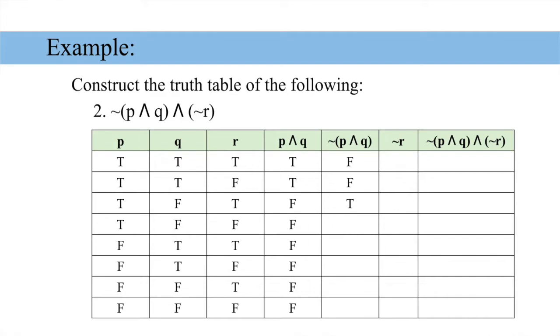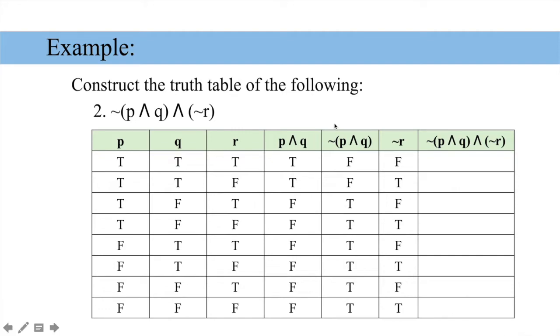Negation of false is true. Negation of false is true, and so forth. Now, let us find the negation of R. Since we have the R column here, we just get the negation. Negation of true is false. Negation of false is true. Negation of true is false, negation of false is true, and so forth.